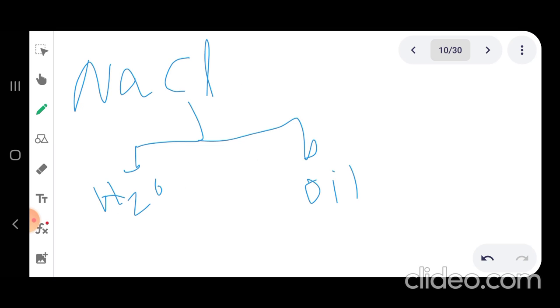Of course, it is easier to dissolve it in water. So you make this salty water, like seawater. Seawater is salty water, right?